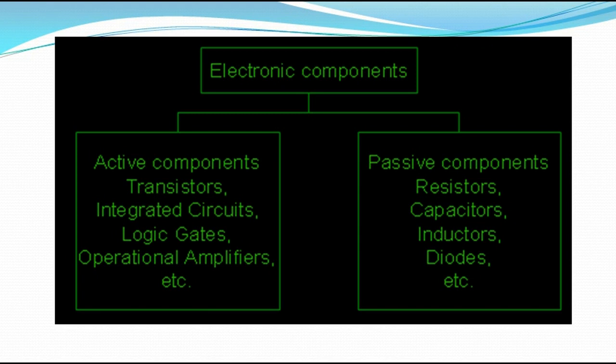In terms of passive components, it has resistors, capacitors, inductors, diodes. But diodes are not only in passive. Diodes can be used in active as well as passive, all depending on what you are about to use the diode for.